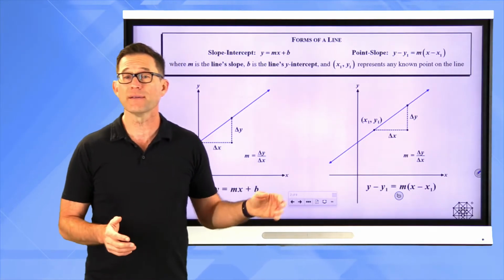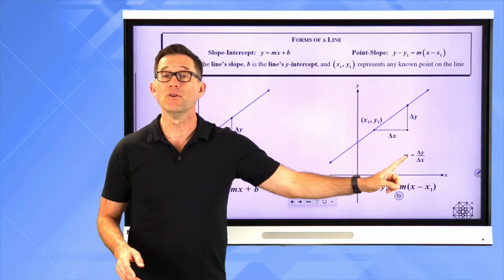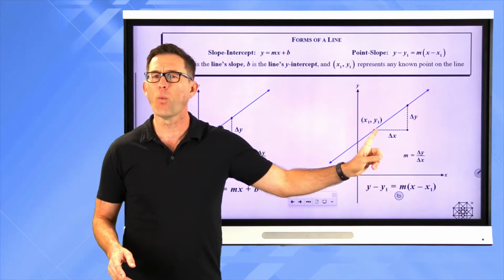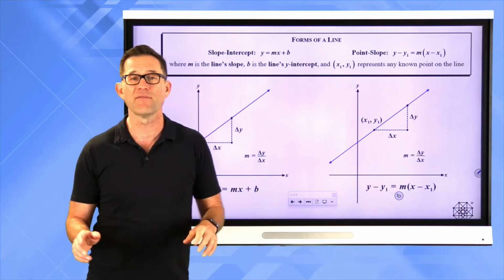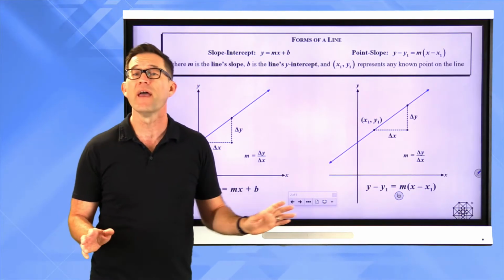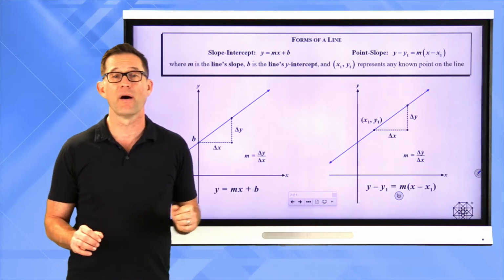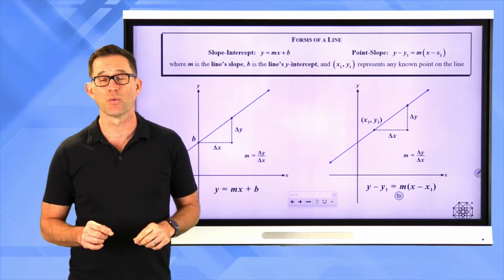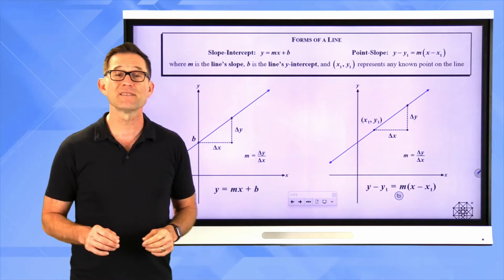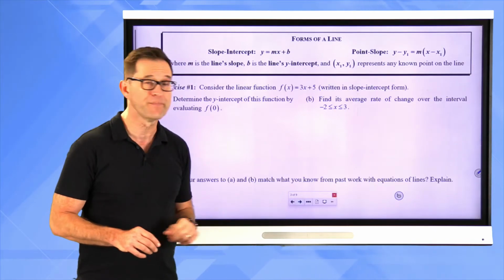On the other hand, there are lots of situations where you know the slope of the line and one random point on the line having nothing to do with the y-intercept, and then the point slope form of the line is quite helpful in that situation.